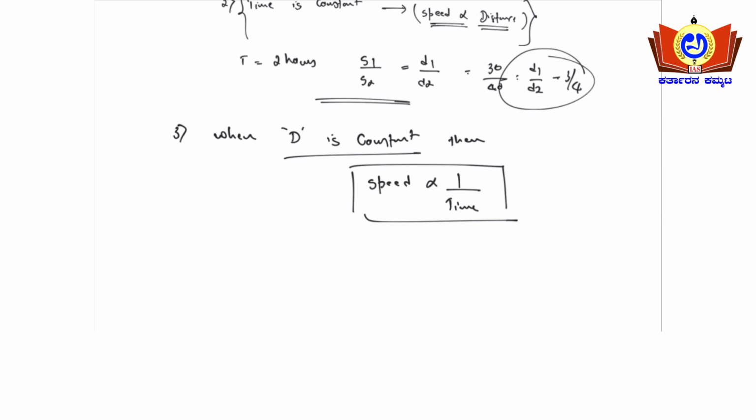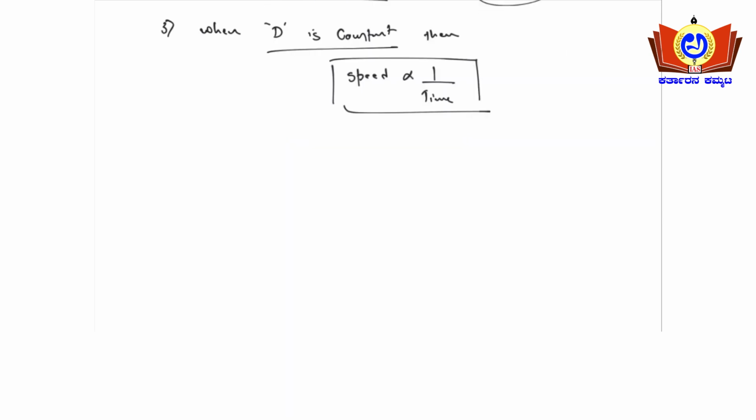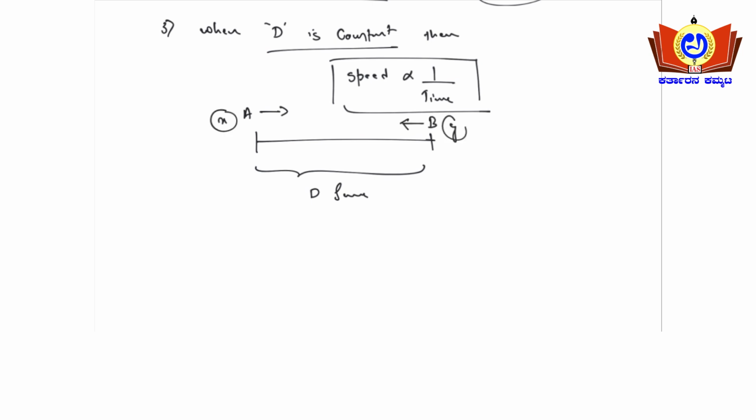Speed will be inversely proportional to the time taken. Say for example this distance is same, okay? 2 persons are traveling, person X from position A towards B, and person Y from position B towards A, okay? So this is the data given here, okay?